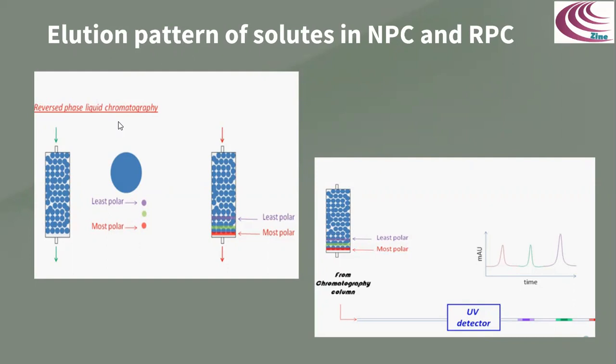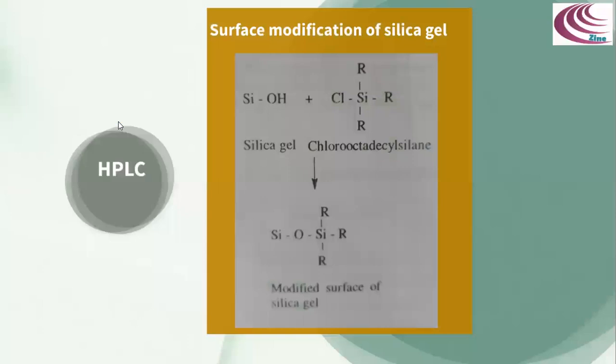More polar solutes elute first, then the solutes of intermediate polarity, and at the end, the solutes which are less polar or non-polar in nature. Isn't it? So ordinarily, the mobile phase is passed through a column under the force of gravity.